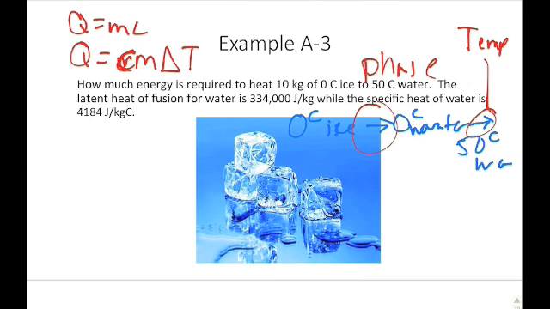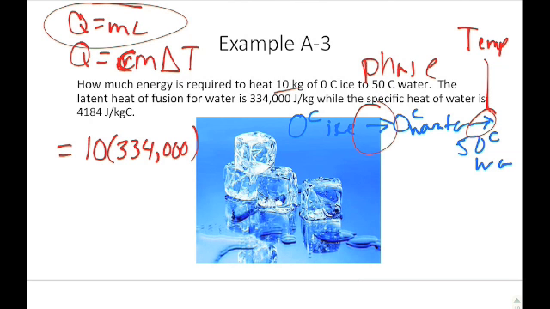The first thing I want to do is change the phase, and I have 10 kilograms of a sample. So I would say Q equals 10 times the latent heat of fusion, which is 334,000, and that takes care of my Q equals ml.